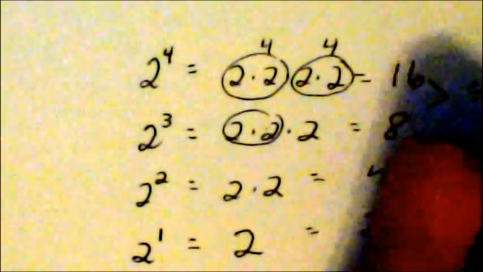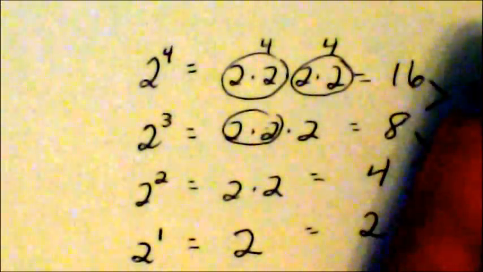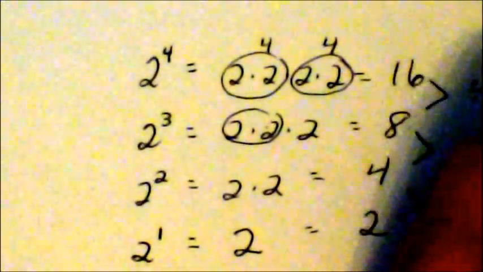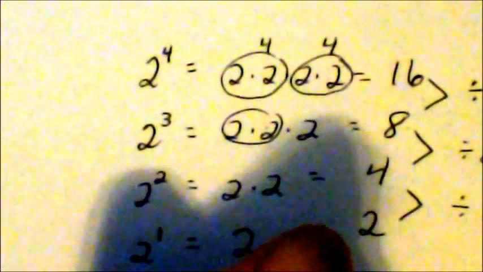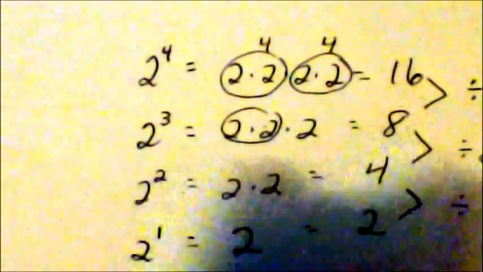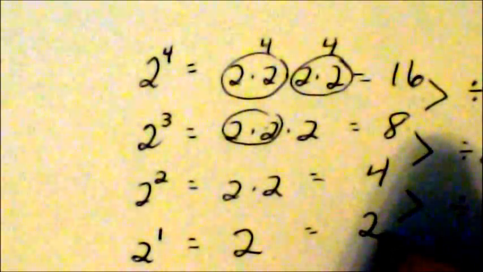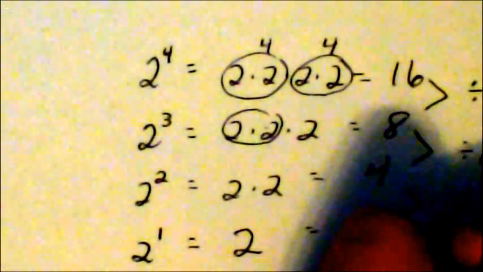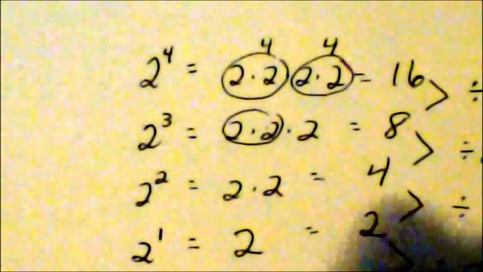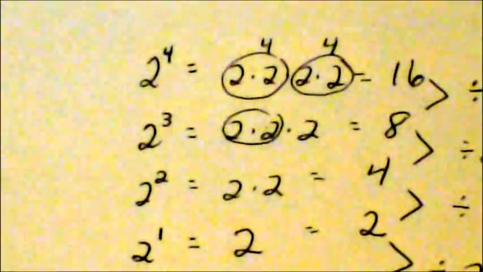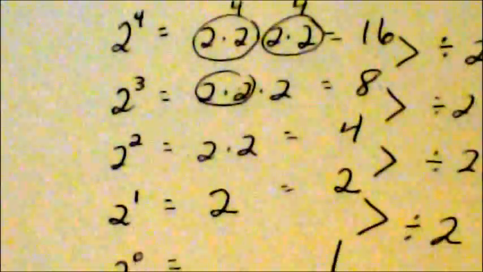Divided by 2, right? 8 divided by 2 equals 4. 4 divided by 2 equals 2. So if we kept this pattern going, 2 to the 0 power, well, 2 divided by 2 equals what? It equals 1.